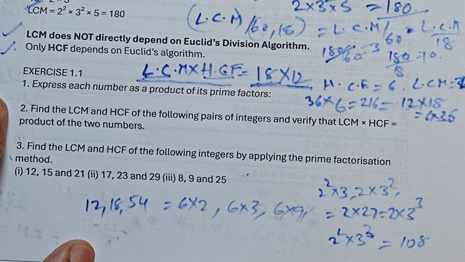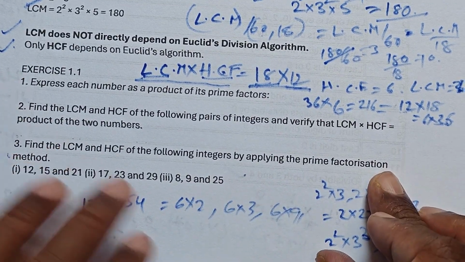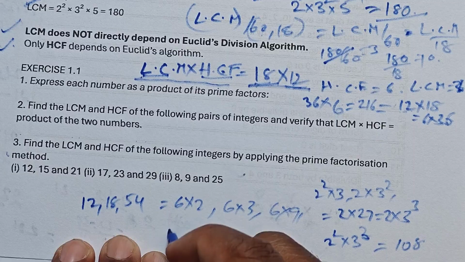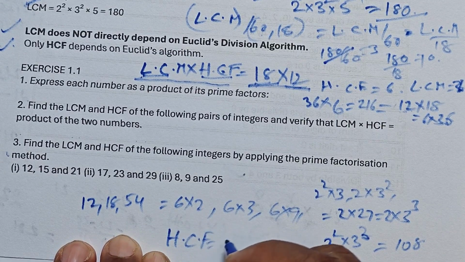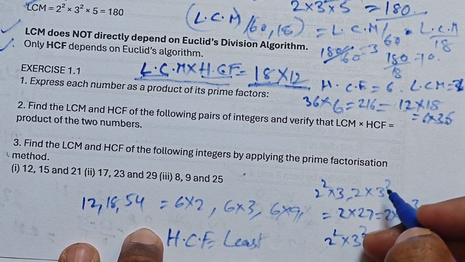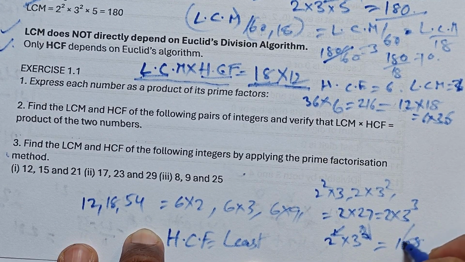Oh, one second. HCF is the highest value which can be, sorry, it's my mistake. For HCF we need to take the least powers, sorry, that's my bad. So it is 2 into 3 only. 2 into 3 is 6.